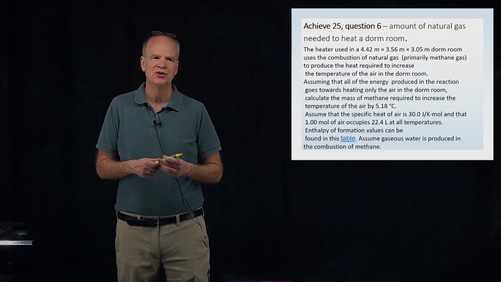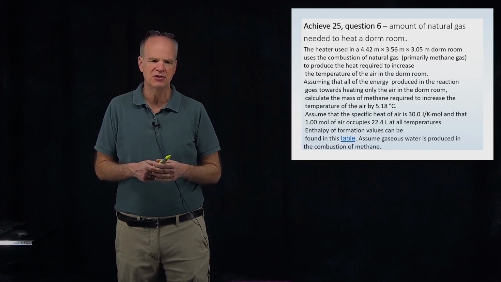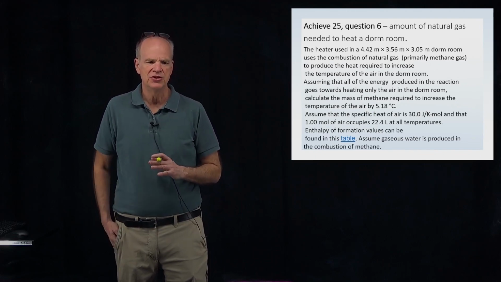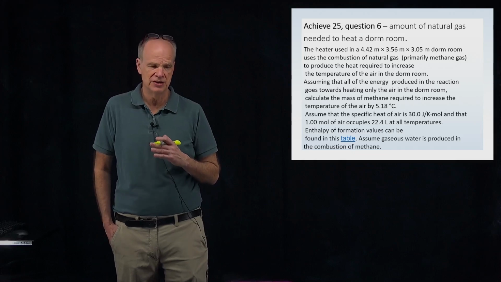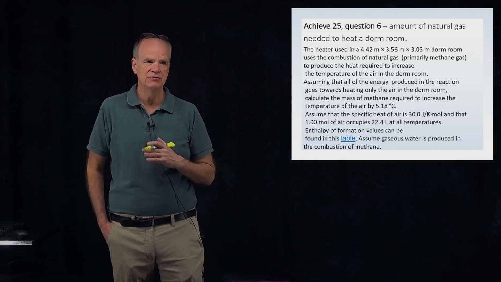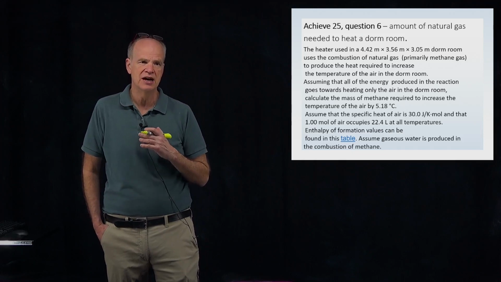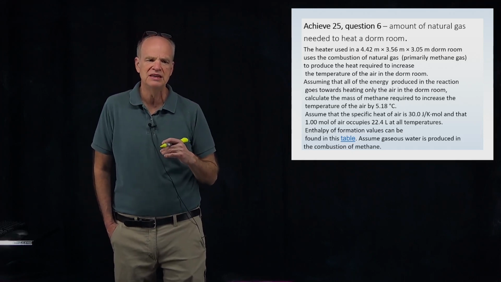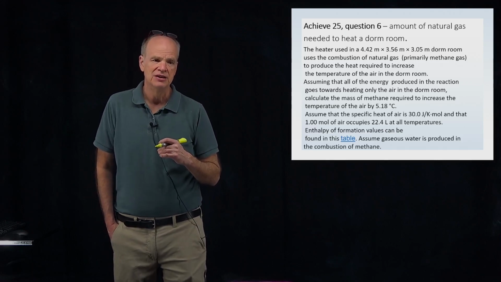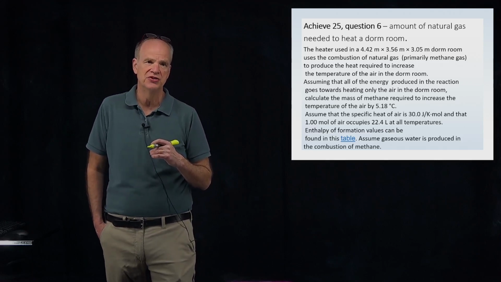Okay. So this is kind of a tricky problem. Let me tell you how I sort of think about this problem. The first thing I might try to do is understand what pieces of information we have and where we're trying to go. One key piece of information is the dimensions of a dorm room.